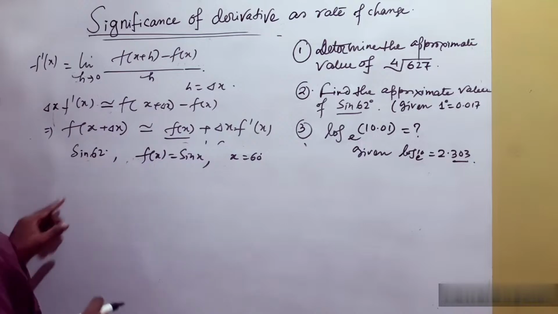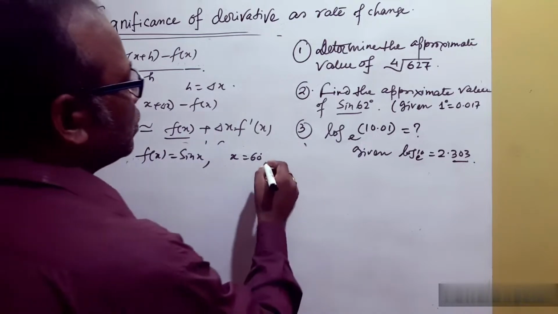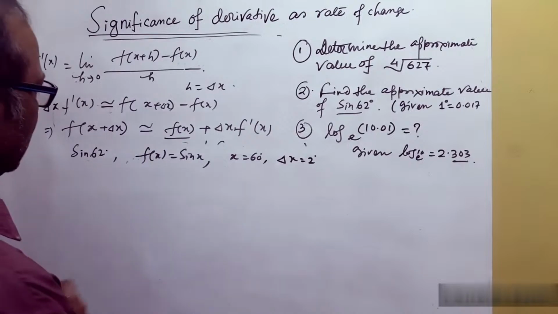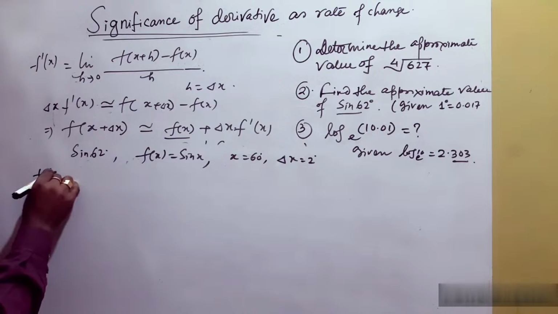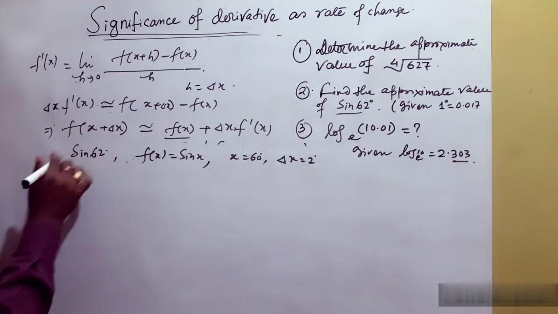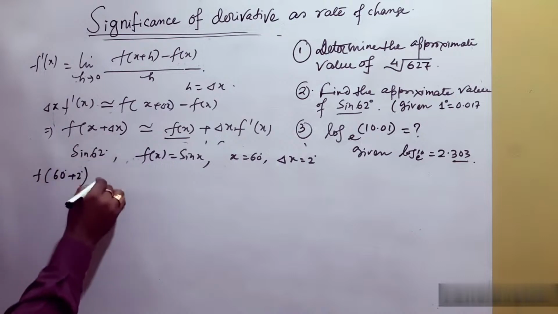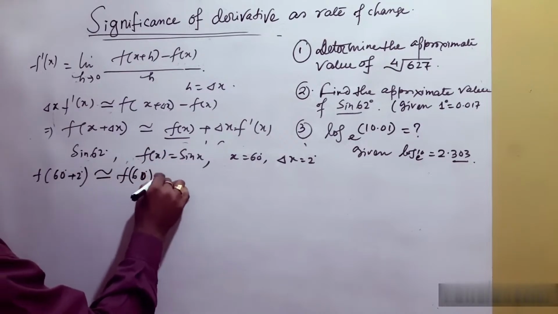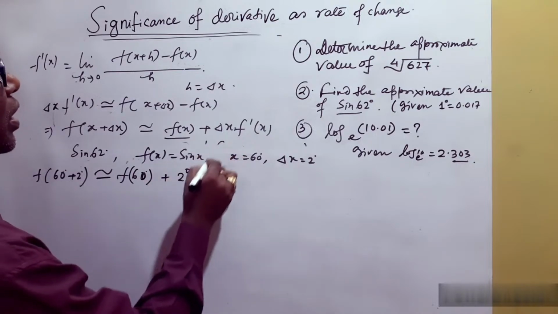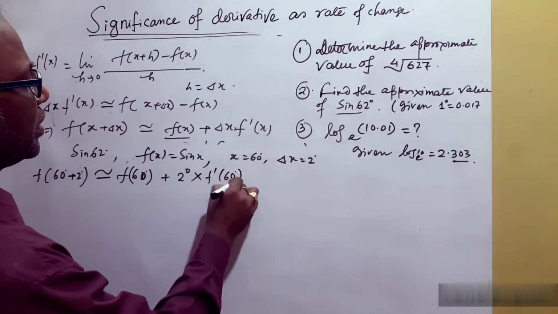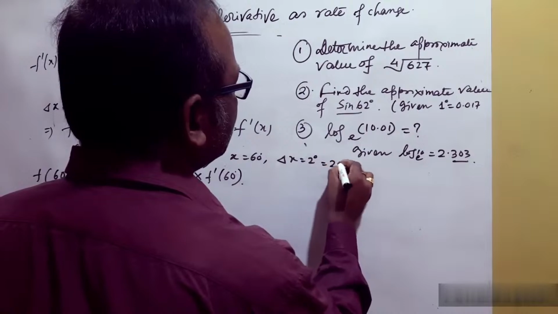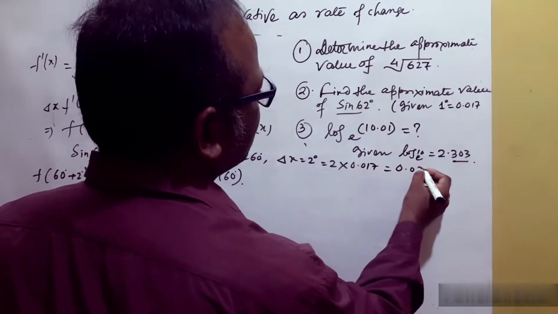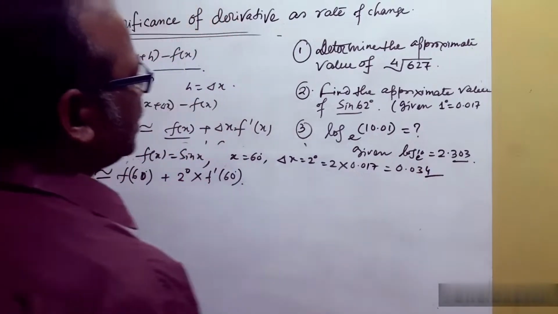And the added value, if we add 2 to 60, we get 62. That is del x, which is 2 degrees. So f of 60 plus 2 degrees, which is 62, is approximately f of 60 plus 2 degrees times f dash 60 degrees. Now 2 degrees in radians is 0.034.